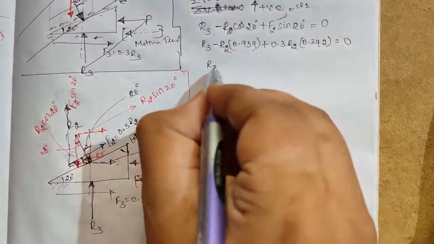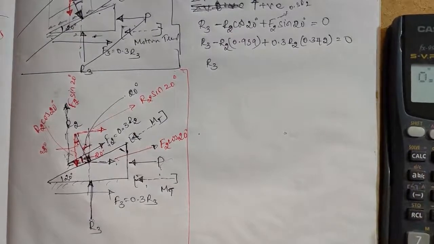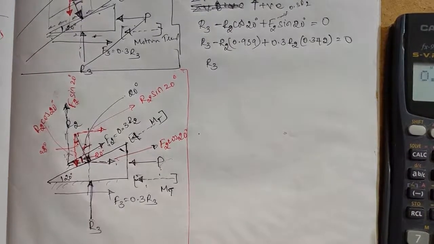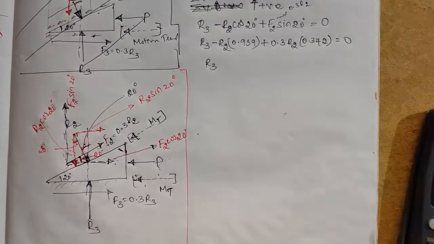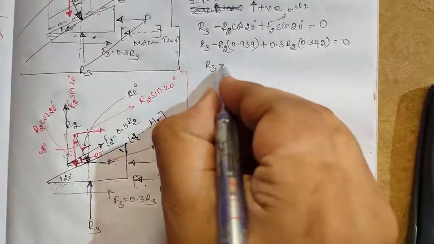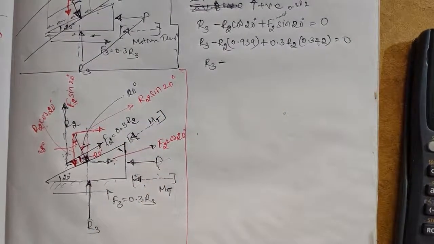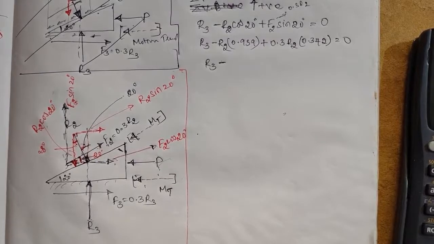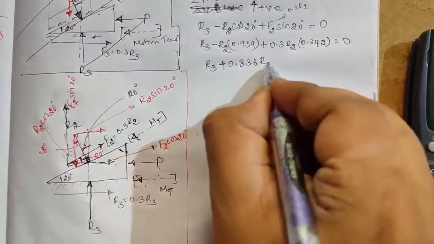Now I'll take this R3, and I'll add them: 0.3 into 0.342 plus 0.939, I'll get 0.836, it will be positive.